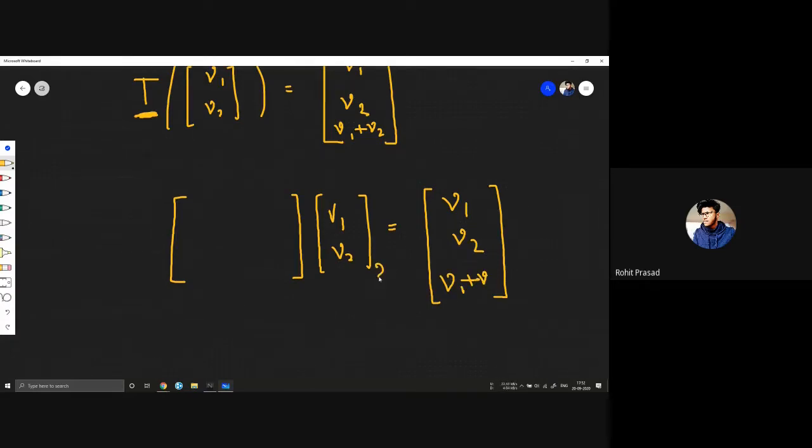If this is your 2 cross 1 matrix, and this is a 3 cross 1 matrix, can you tell me what would be the dimension of this transformation matrix? 3 cross 2, right? It will be a 3 cross 2 matrix.